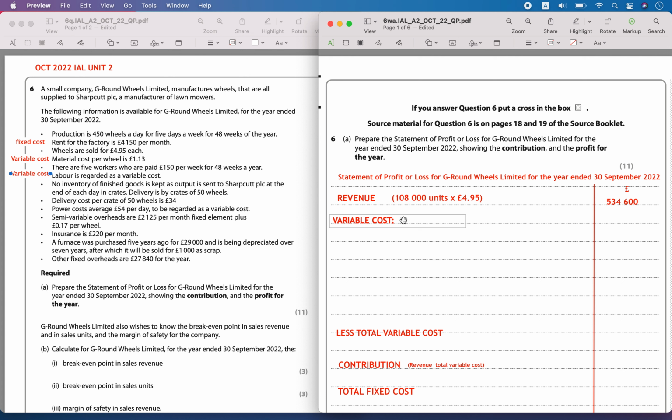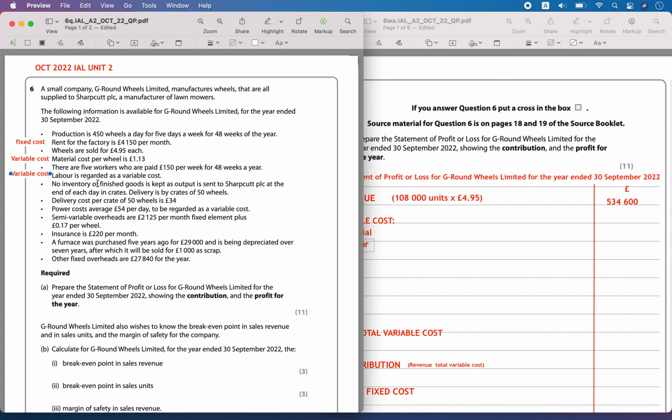So let's write. The first one is the material cost, and the second one is the labor cost, which they have said is a variable cost. Then no inventory of finished goods is kept, as the output is sent to Shortcut PLC at the end of each day in crates.